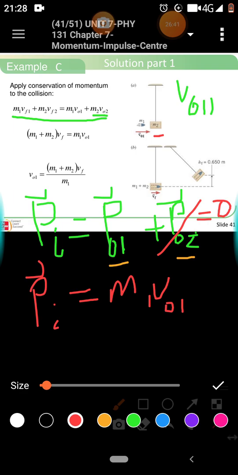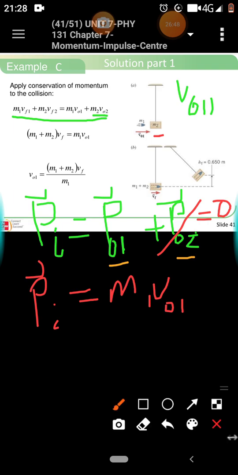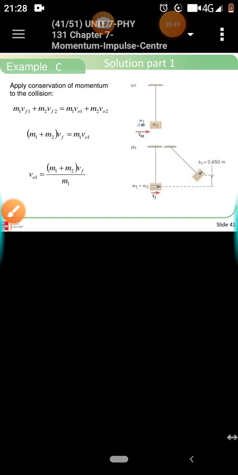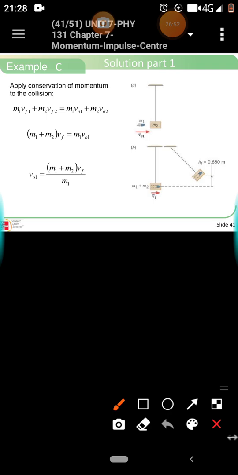All right, so now let's check the final momentum, or the momentum after. We've checked the momentum before, and this is the momentum after.